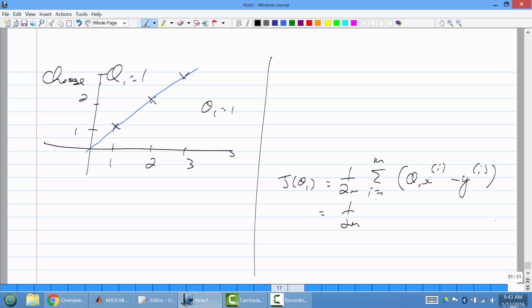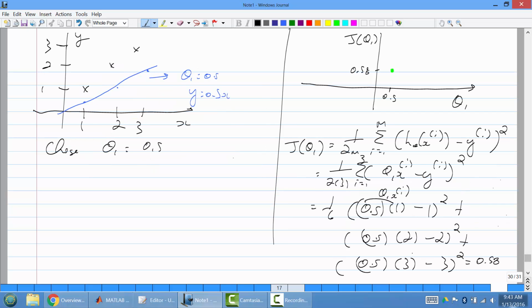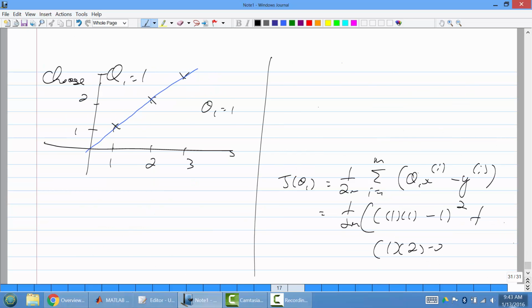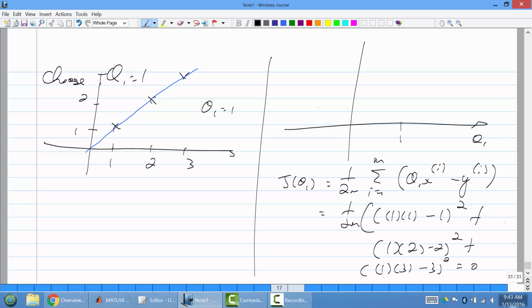I won't bore you with the details, but it's just going to sum over, and it's going to be 0 every time, because you're going to have 1 times 1, plus 1 times 2, and then 1 times 3, and so on. And that's 0. So in this case, what the cost function will look like is you have theta 1 being here, and this is the cost, and then it goes here.